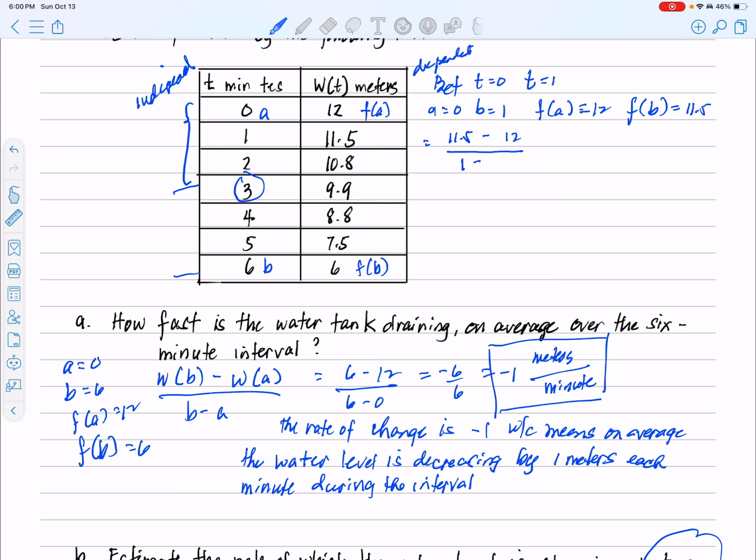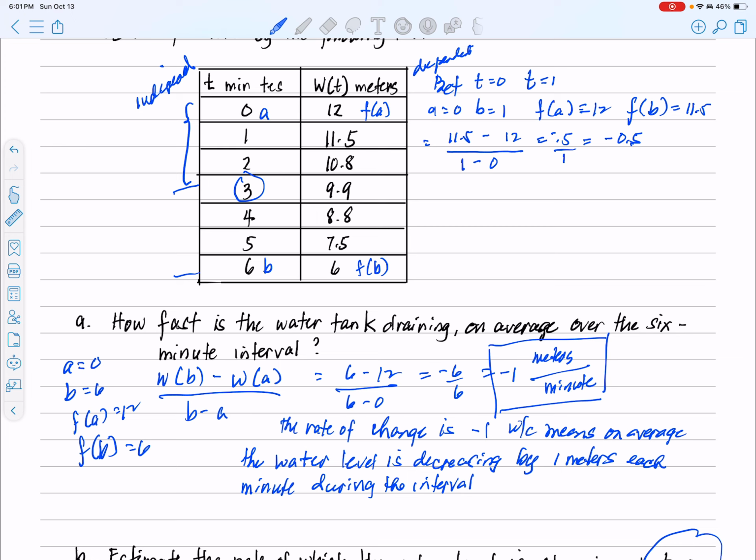B is 1 minus A, 0. So when we try to simplify that, 11.5 minus 12, you have negative 0.5 over 1. So you have a negative 0.5.